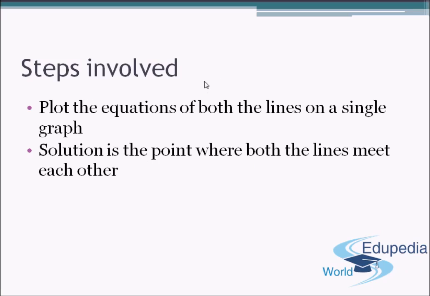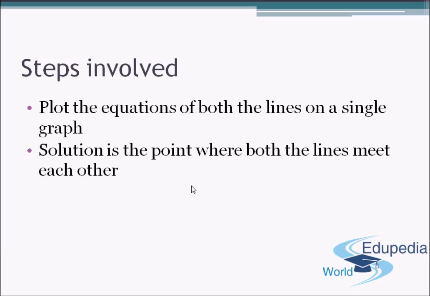Friends, there are some steps involved in finding the solution of a given pair of linear equations graphically. The first step is to plot the equations of both the lines on a single graph. Then, the solution is the point where both the lines meet each other.